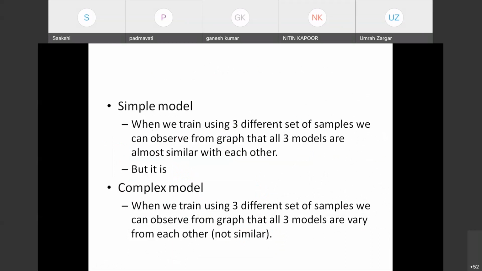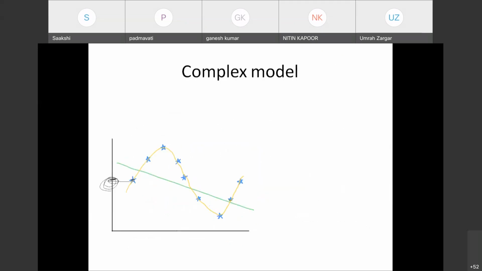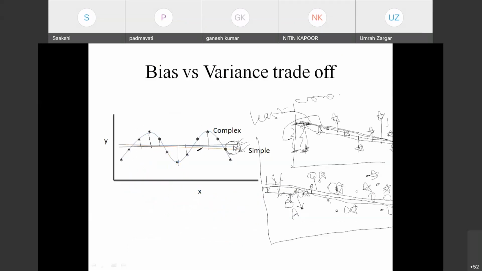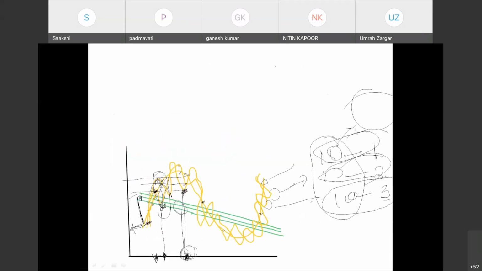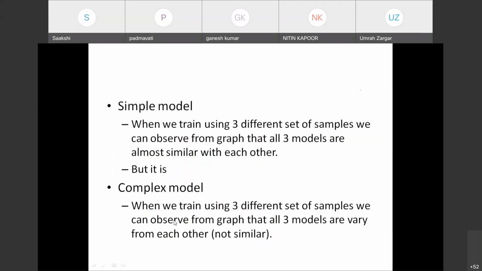When we train using 3 different sets of samples in the simple model, we can observe from the graph that all three models are almost similar to each other, even though we have trained on different data items. Similarly, in the complex model also we have trained on three different samples.